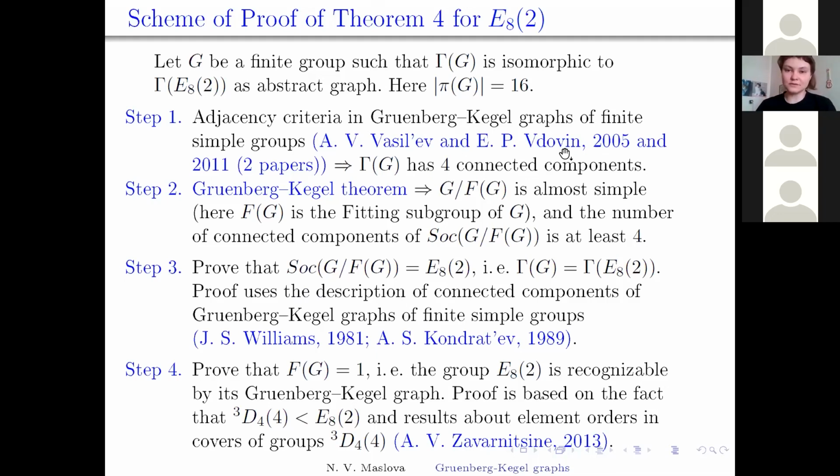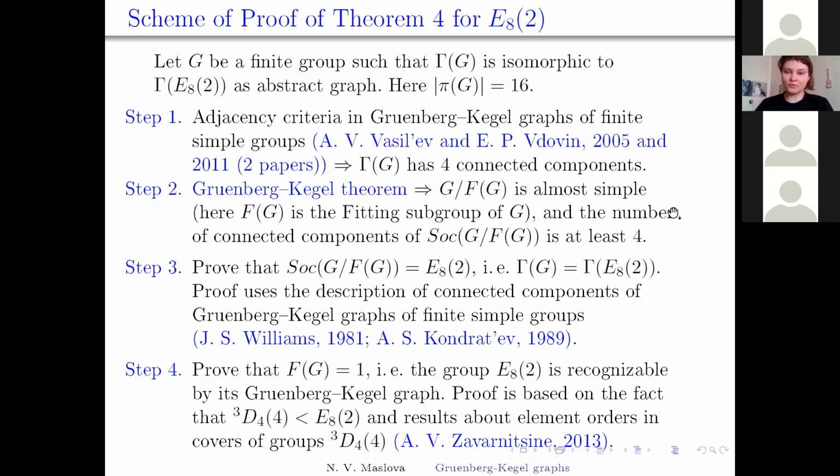Since this graph is disconnected, by the Gruenberg-Kegel theorem, Kristina Ilyenko in the next talk will tell about the Gruenberg-Kegel theorem in detail, so I omit this from this statement, the factor group of G by the largest nilpotent normal subgroup is forced to be almost simple.